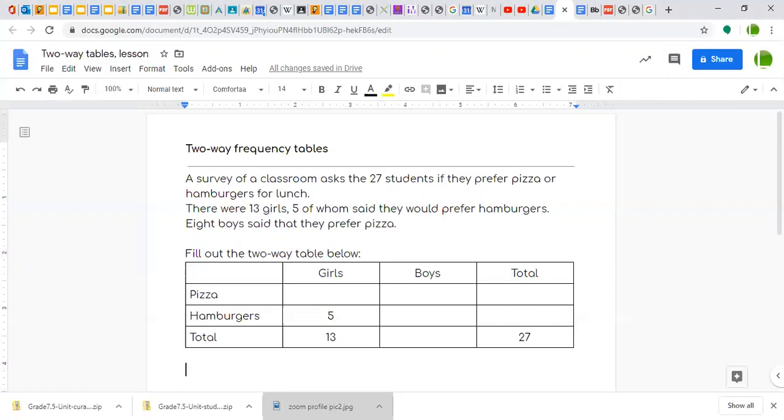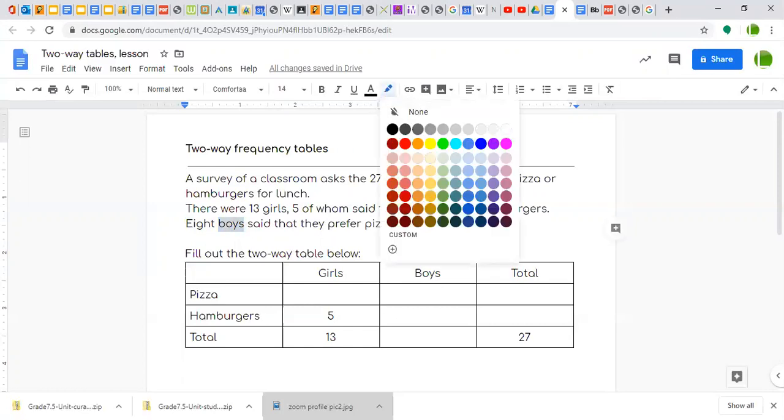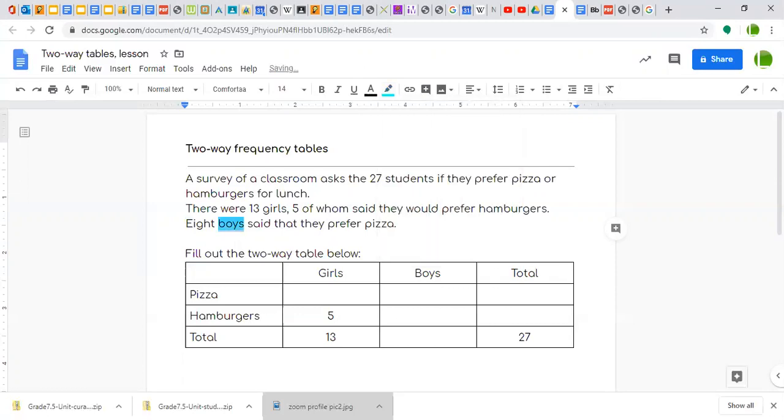Now, the additional thing says here that 8 boys said that they prefer pizza. So notice that this gives me 2 things in one sentence. Let me highlight this. It says boys right here, and it says at the same time pizza.